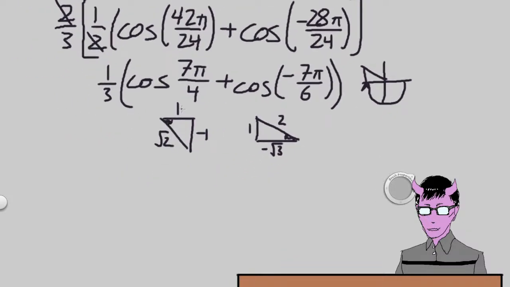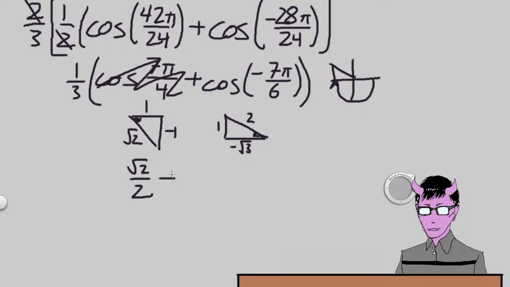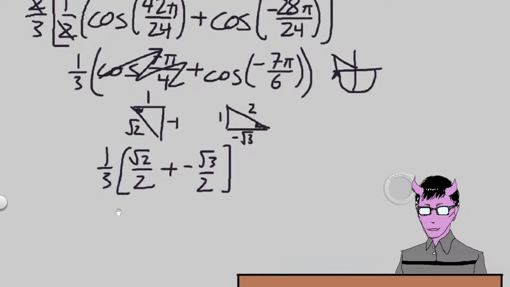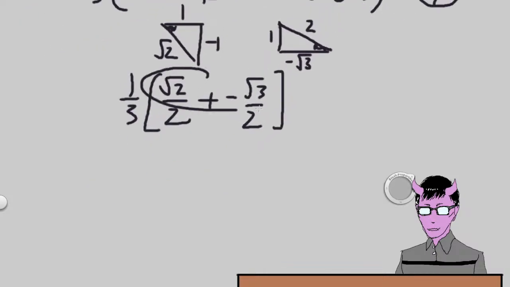Alright. So cosine of that one, root 2 over 2. Plus cosine of that one, that's going to be negative root 3 over 2. Close the old brackets and then times 1/3. Alright, we have same denominator, so we'll sum those two.